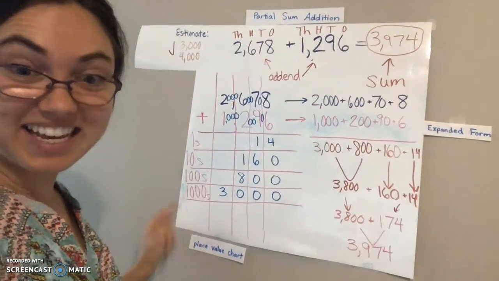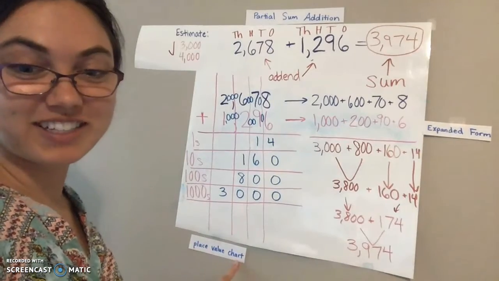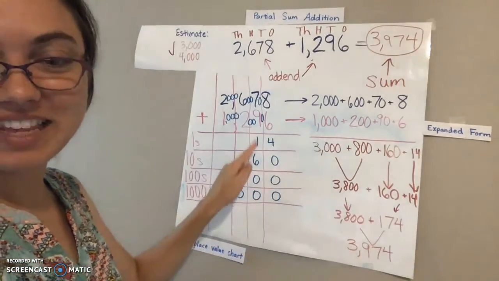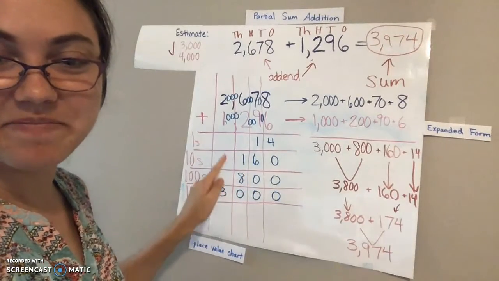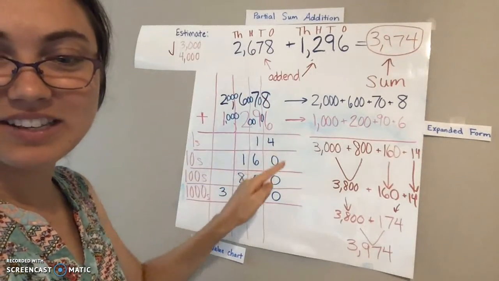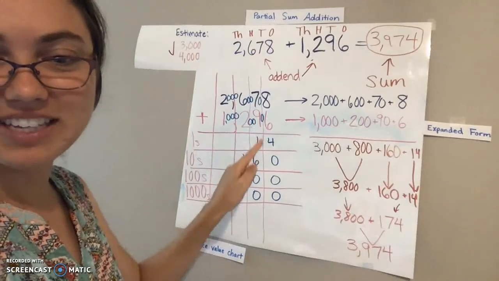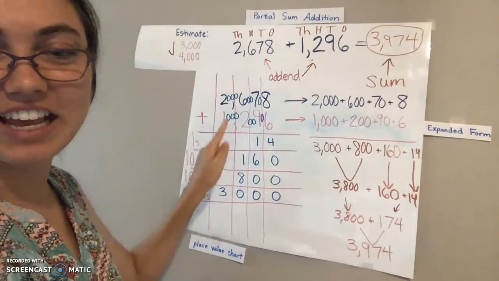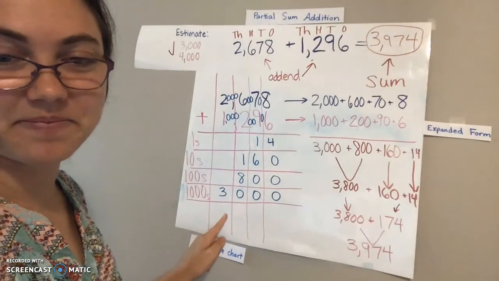Now, the rest of the place value chart is simple. We add up the numbers from each column, from our ones, from our tens, from our hundreds, and from our thousands column.